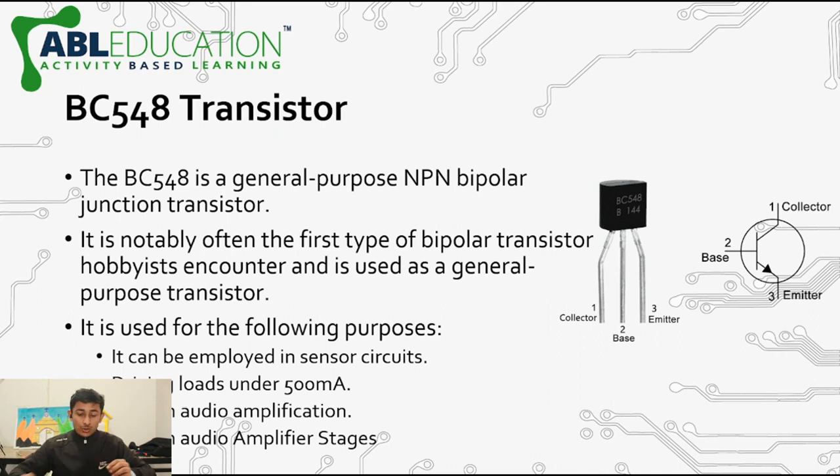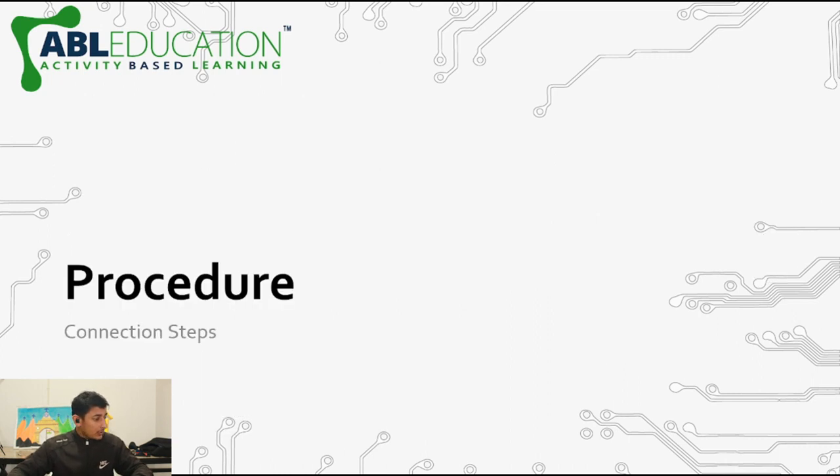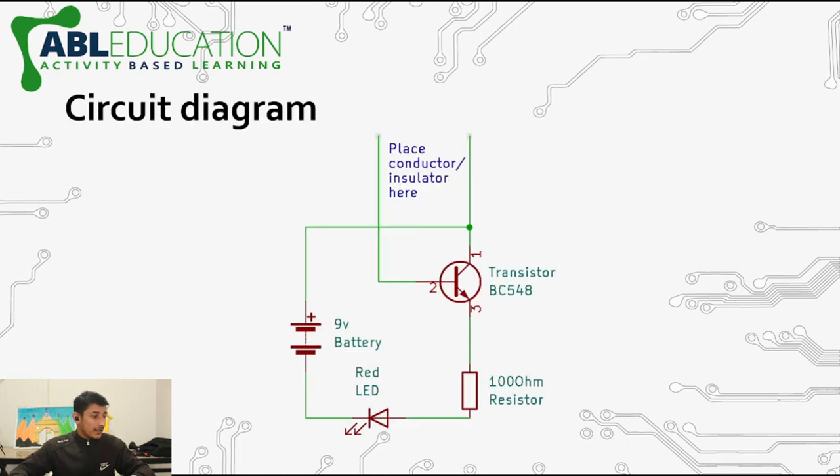Right now we are going to discuss how we make a circuit using this 548 transistor to check whether our material is a conductor or an insulator. So here is the circuit diagram. In this circuit diagram we have a transistor, the resistance, the LED, and the 9-volt battery.